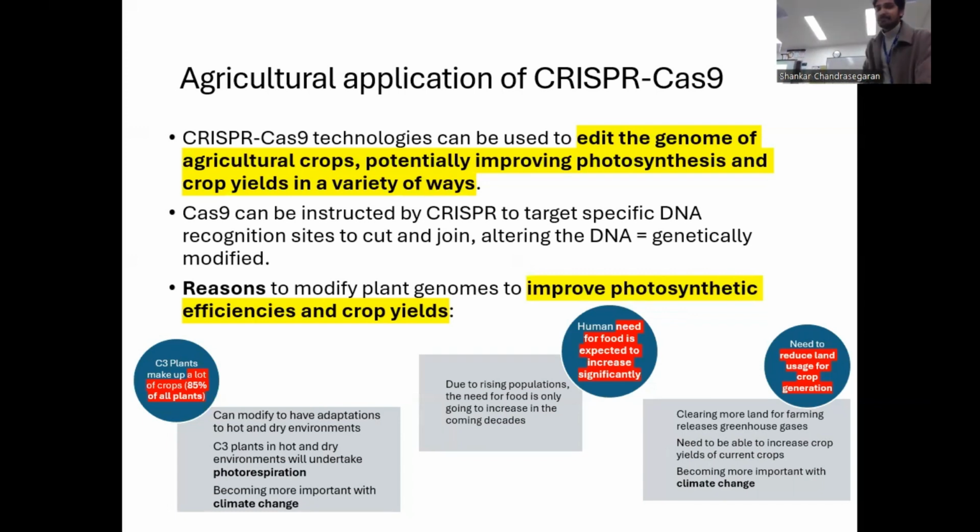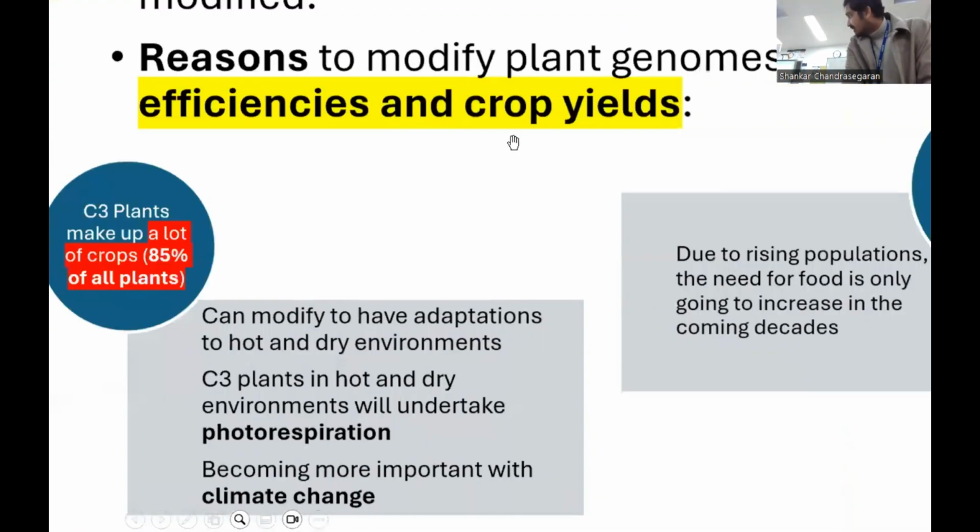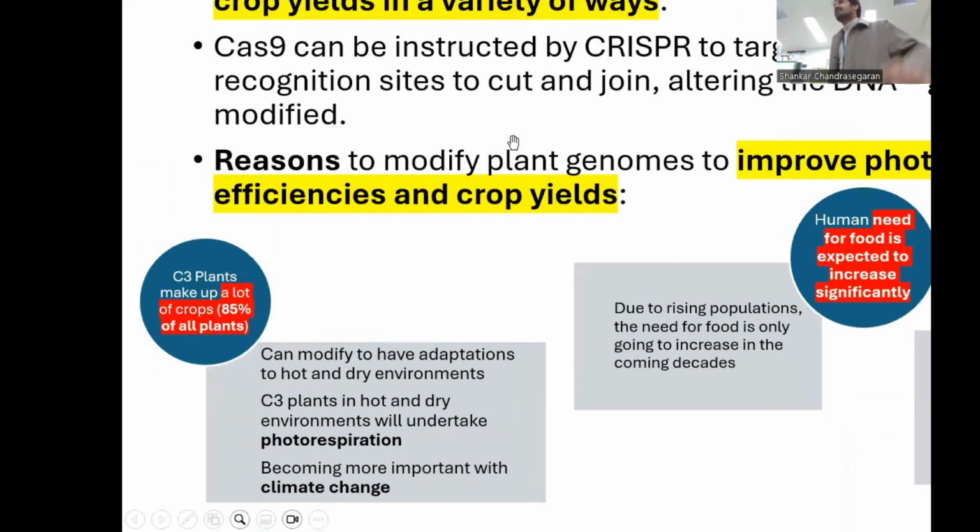So, like I said in the past, genetic modification isn't done for kicks. Usually it's done for very specific purposes because of all the ethical, biological, and social implications. There are a lot of hurdles to cross to actually undertake genetic engineering research. So why is there such a strong reason for us to try to do this?